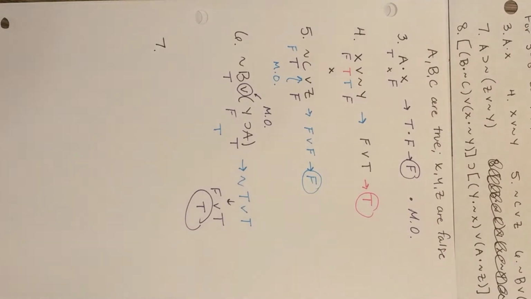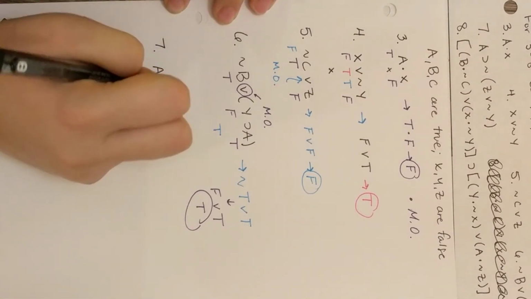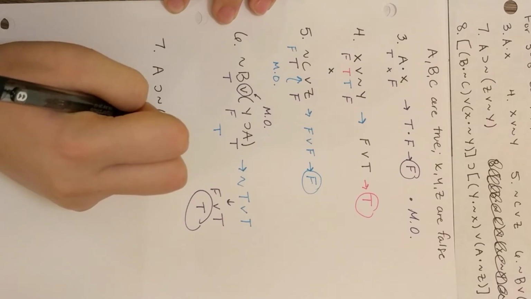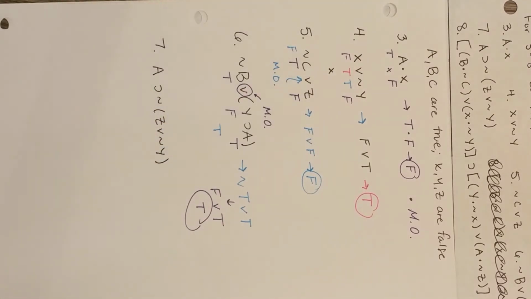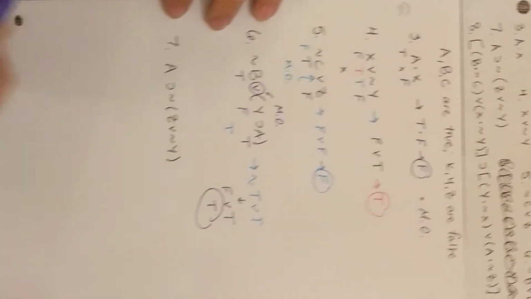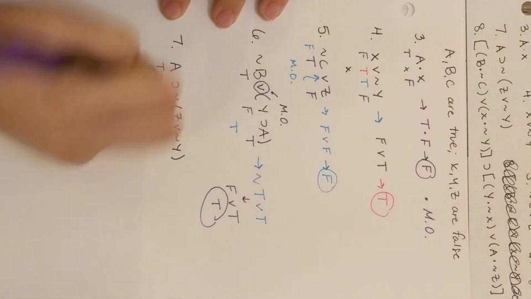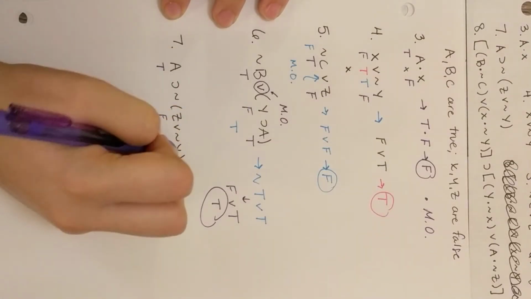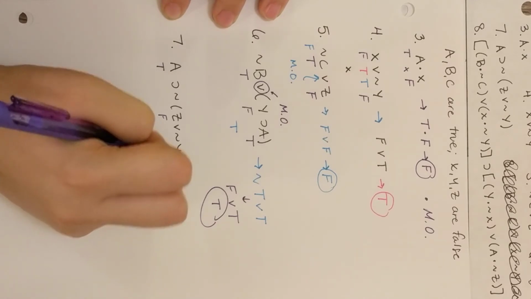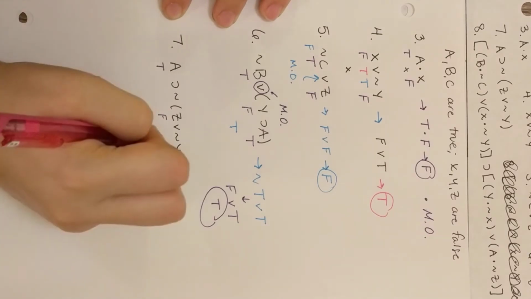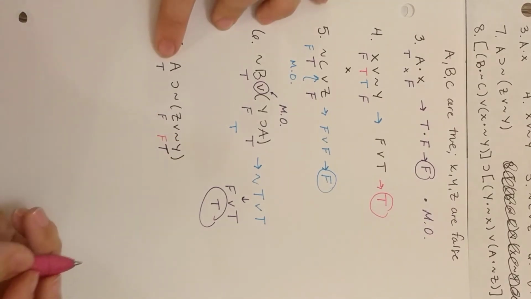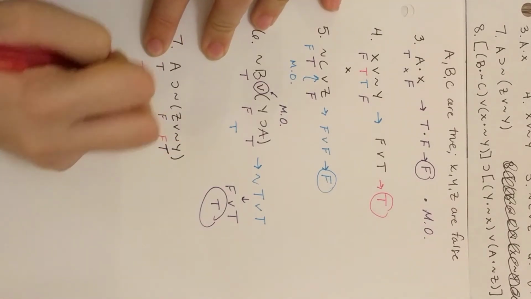And then 7, I have A, if A, then not Z or not Y. So then A is true, Z is false, Y is false. So not true is false. So that becomes true.